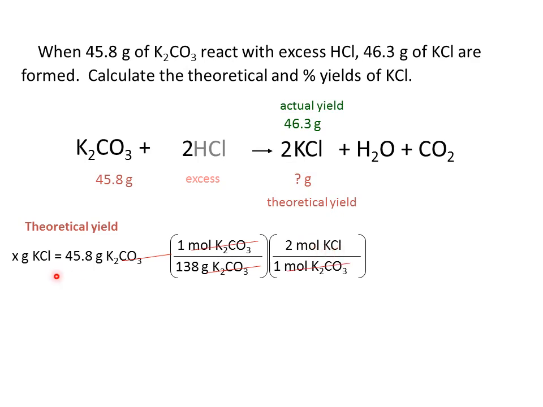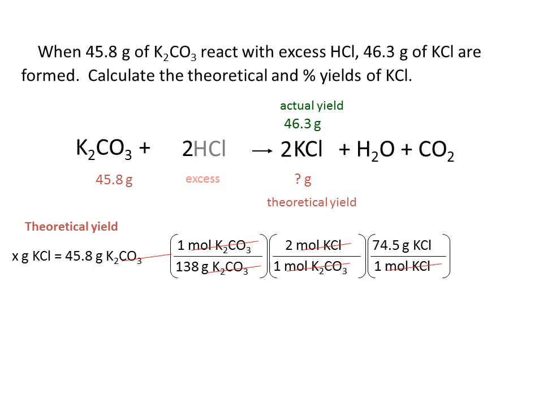I'm interested in grams of potassium chloride, so I need to do one more conversion. I have to calculate what 1 mole of potassium chloride weighs. So 1 mole of potassium chloride, recall potassium is 39 grams per mole, chlorine is 35.5 grams per mole. Adding that up, I get 74.5 grams of potassium chloride per mole. Moles of potassium chloride will cancel.